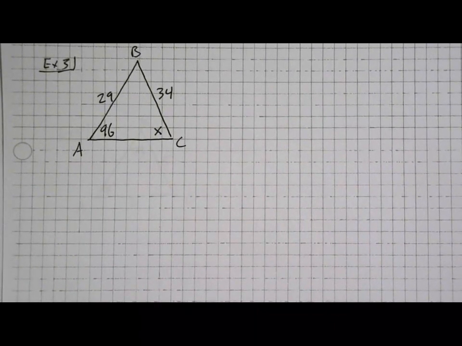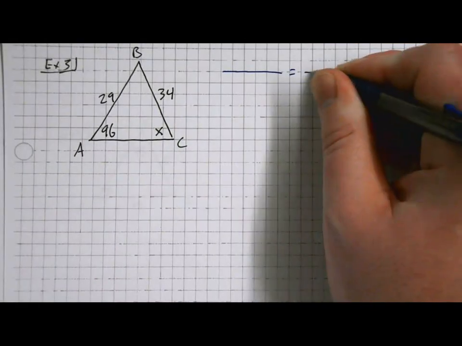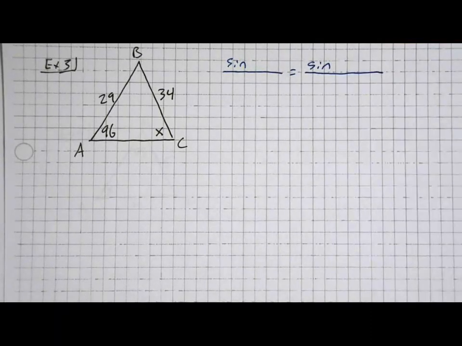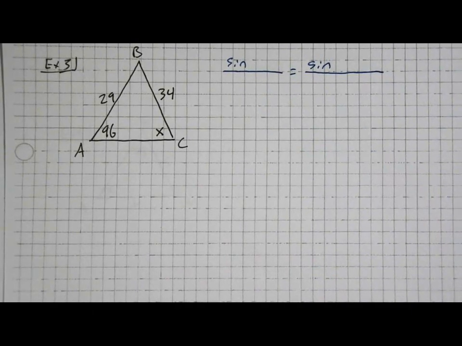So I would like you guys to go ahead and set me up a law of sines equation. Nothing's new here except where your variable is going to end up. It's an angle this time, so it should end up in the top.